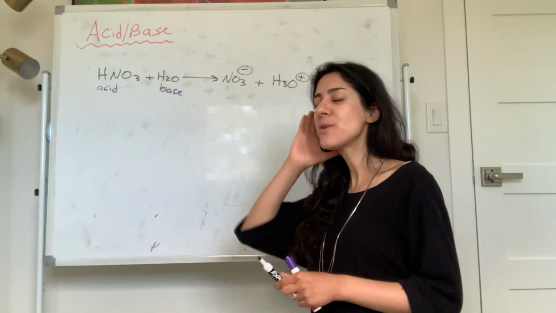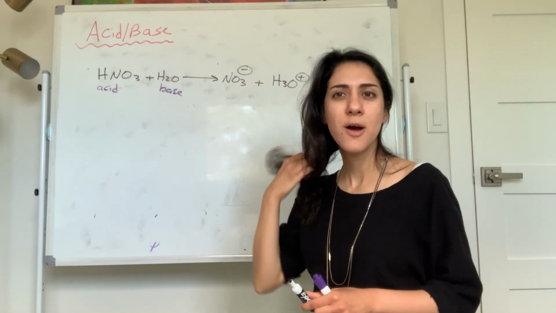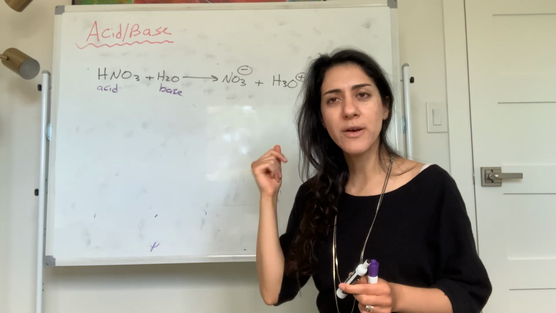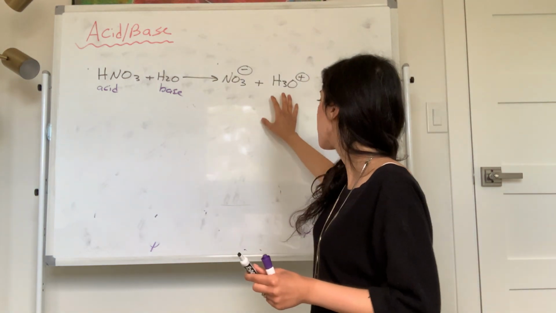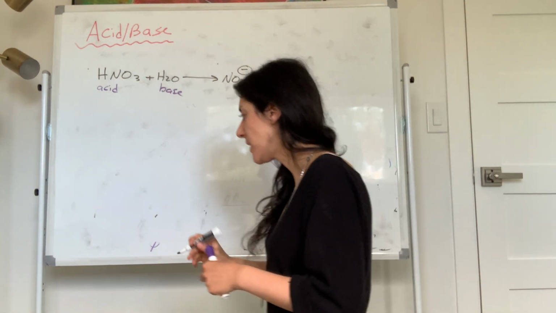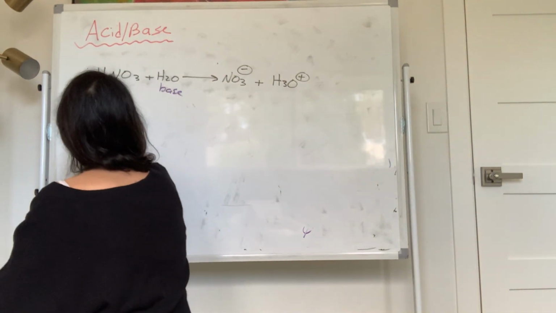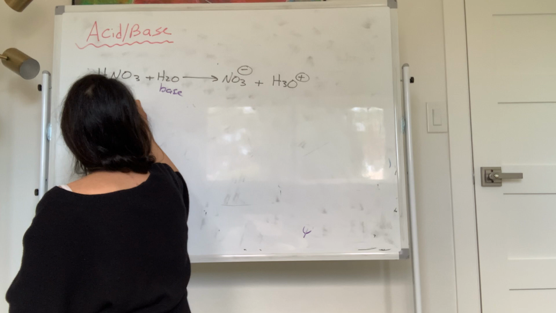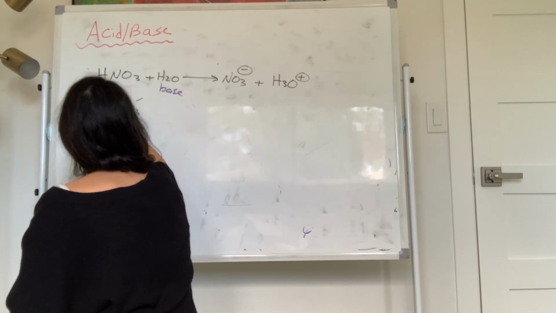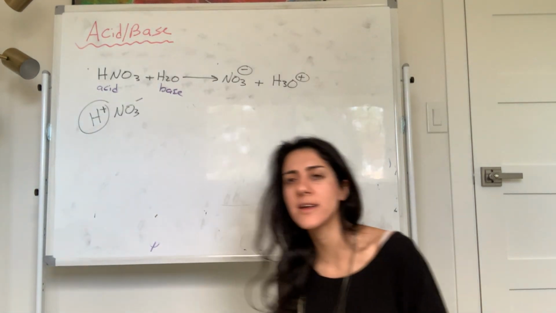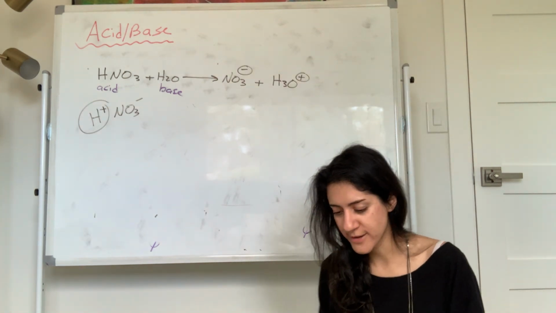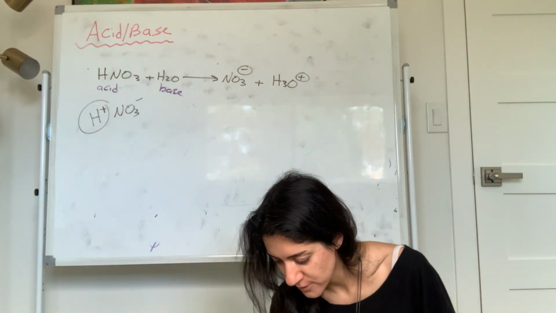So technically you can never have H plus by itself walking around in water. The water will grab it and form hydronium. For example here, nitric acid is H plus and NO3 minus. Every time you have an H plus, water is going to grab the H plus and form hydronium. Okay, are we good so far?